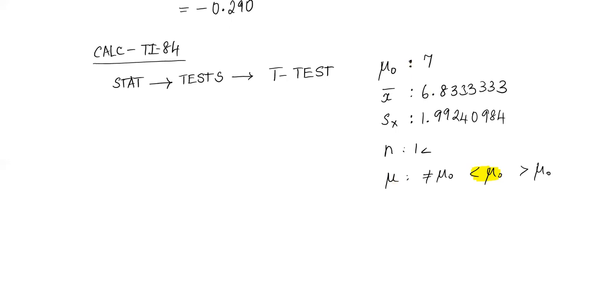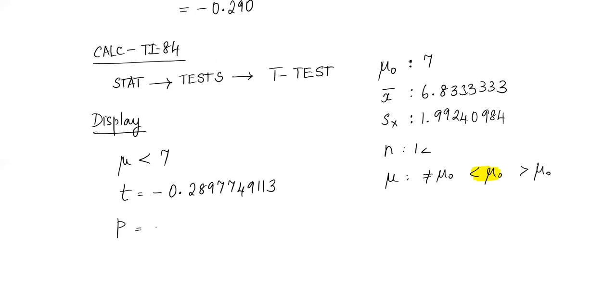Once you do all that, you'll have a display of all the values. The display will show mu is less than 7. T is negative 0.28977491113. P is 0.3886888243.